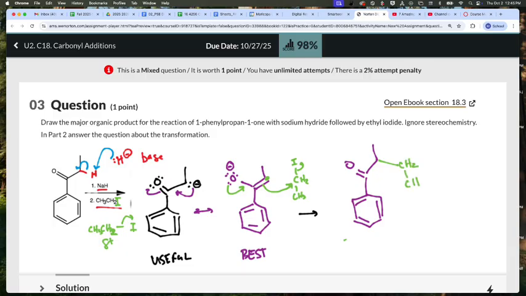CH2, CH3. Kind of makes sense? Right. This is leveraging that enolate chemistry. That's what's allowing it to kind of initiate. But once we have that enolate, we have a nucleophile, we can now do standard substitution reactions.